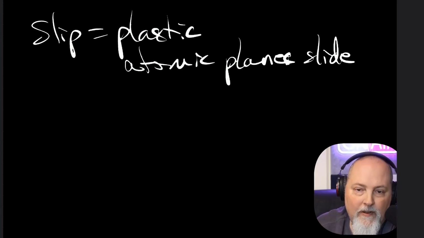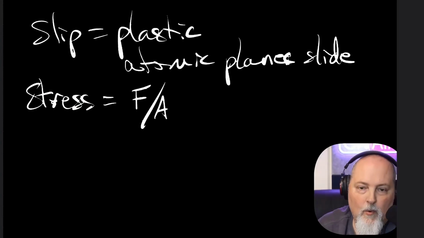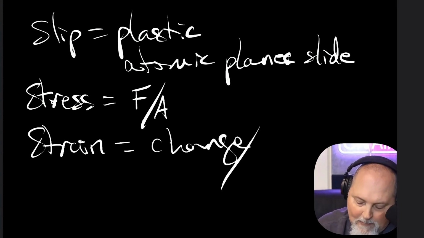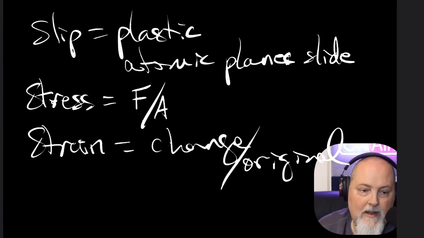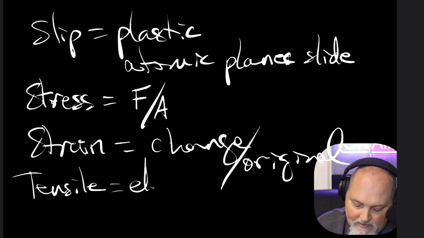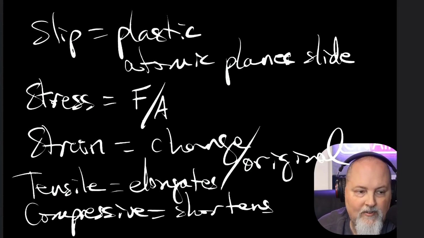You need to know that stress equals force divided by area, force per unit area. Strain is change, how much change happened over its original shape. Tensile elongates, pulls; compressive compresses, shortens; and then shear is that sliding force.